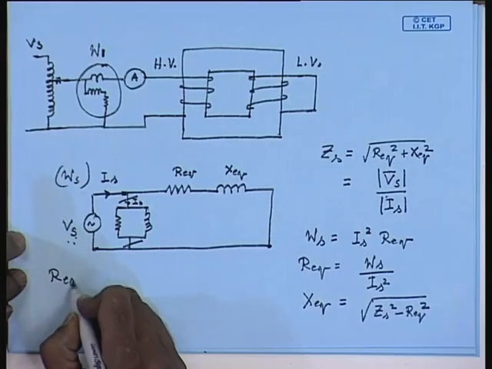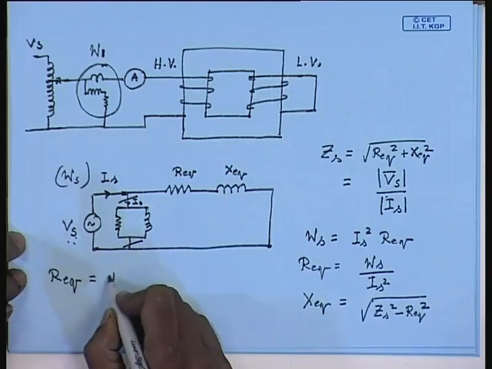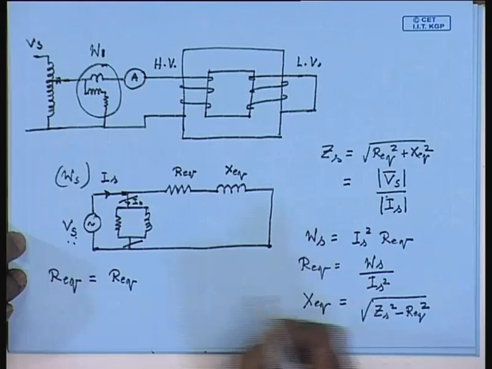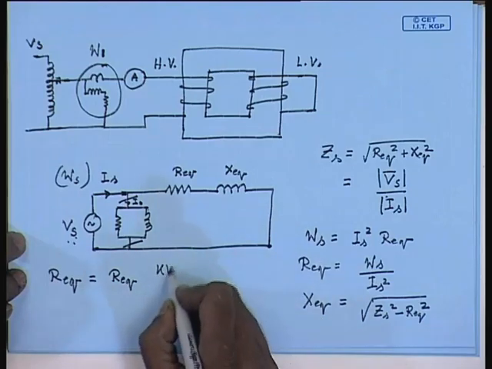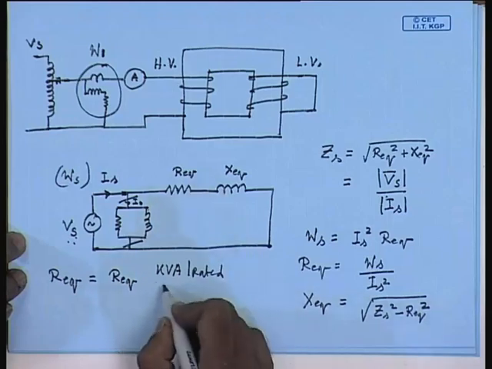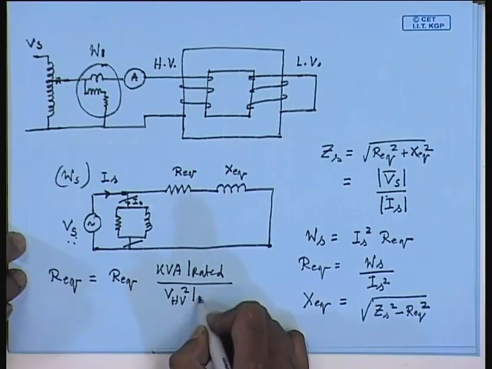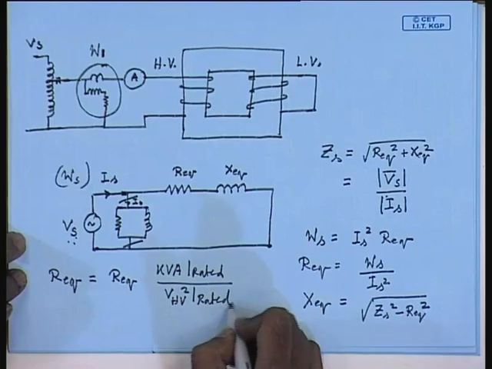However, as I have mentioned earlier, it is customary to represent these parameters in per unit, and Req for example can be represented in per unit as Req that we have got from the test into kVA rated of the transformer divided by VHV square, the rated HV voltage square.